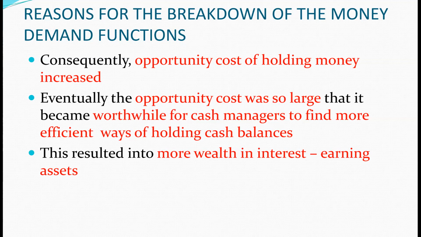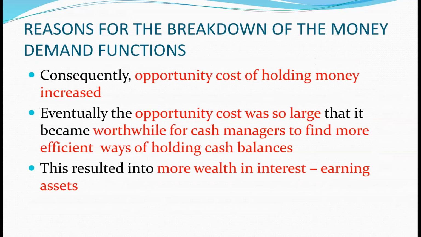Eventually the opportunity cost was so large that it became worthwhile for cash managers to find more efficient ways of holding cash balances. It resulted in more wealth in interest-bearing assets.